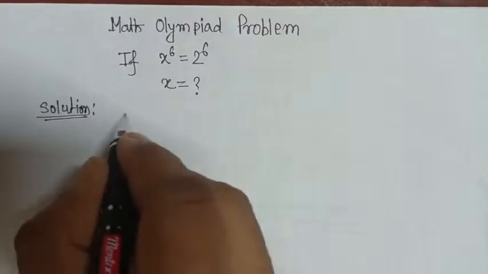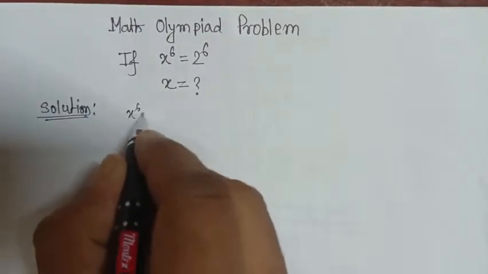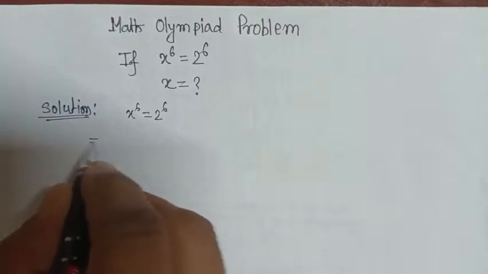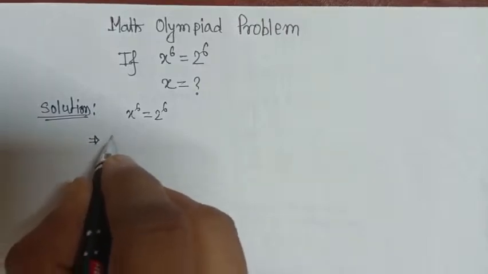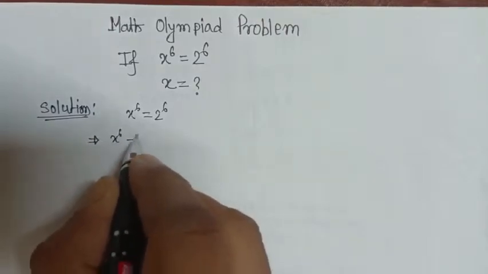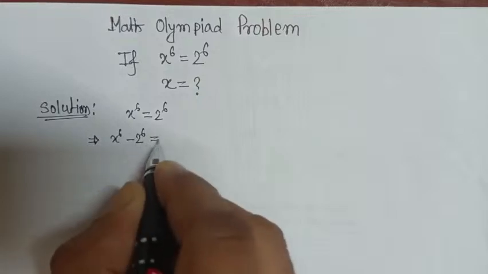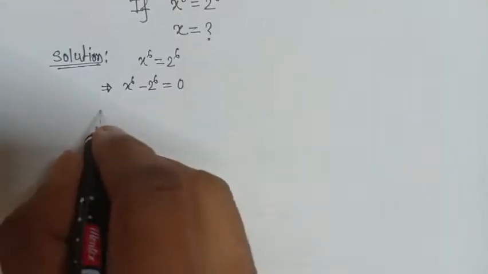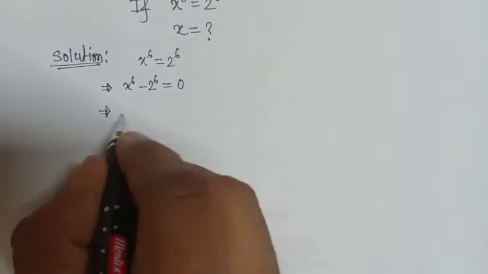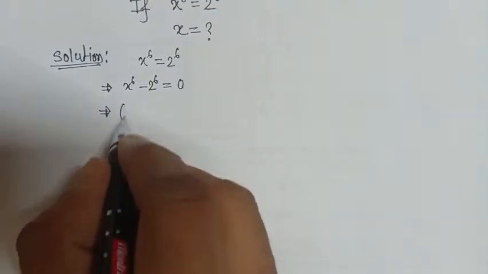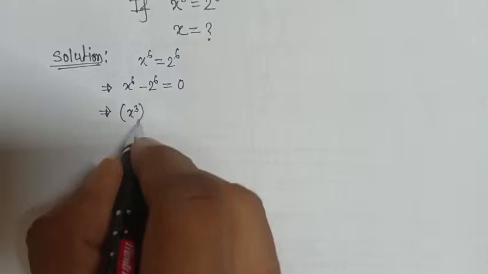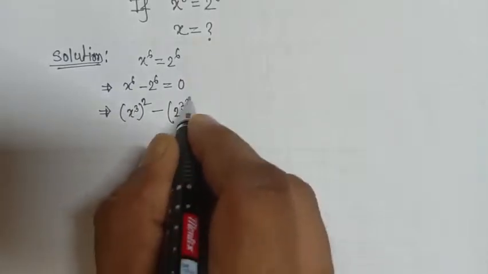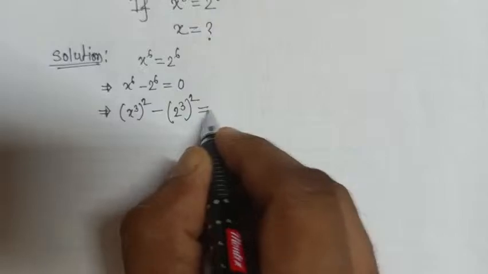So we have the value here, x to the power 6 is equal to 2 to the power 6. Now we just move 2 to the power 6 to the left side. Now we can express the equation like (x cube) square minus (2 cube) square is equal to 0.